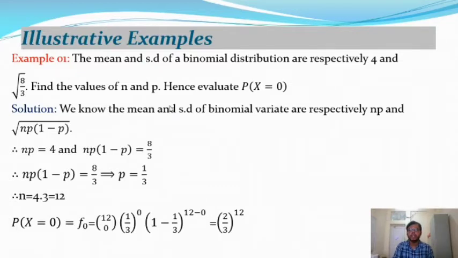Therefore the parameter n, the number of trials, is equal to 12, and the probability of success p is equal to 1/3.